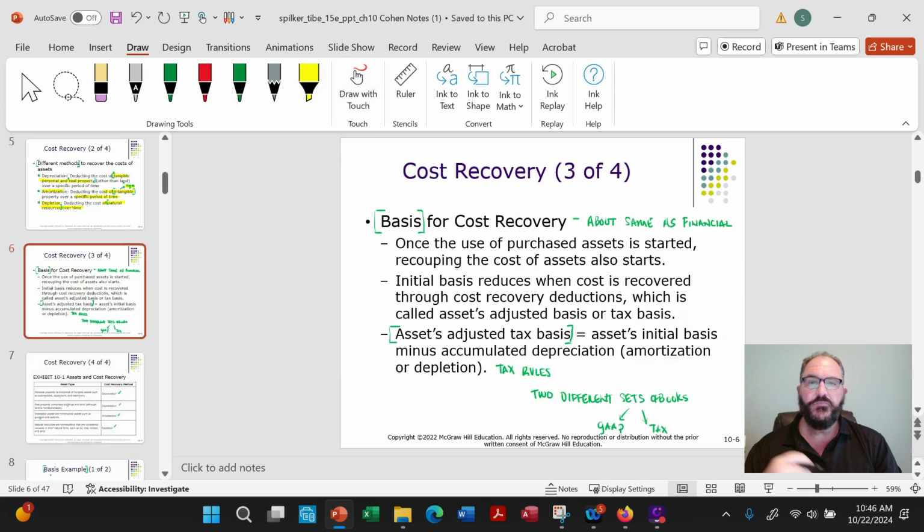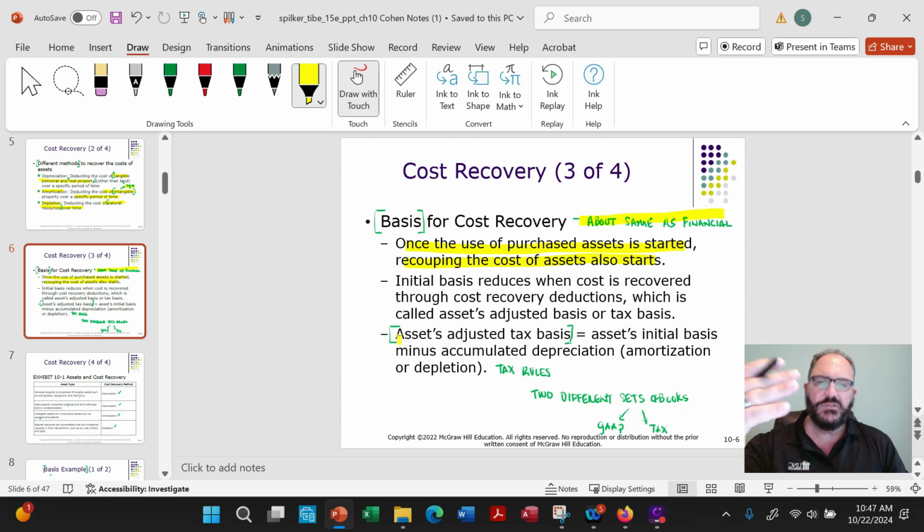Okay? All right. Now, the basis for the cost recovery. It's about the same as financial. No huge difference here. Once the purchased asset is started, recouping the cost also starts. Basically everything needed to get it going, same as financial. And the adjusted tax basis equals the asset's initial basis minus any accumulated depreciation, amortization, or depletion.